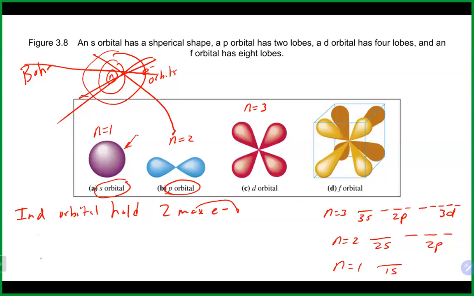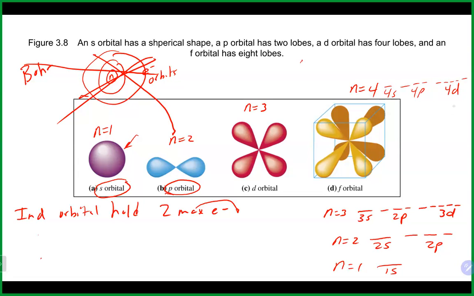And actually for d orbitals, there's actually 5 different d orbitals. And when we get to the fourth energy level, that is where we first start to see the f orbitals, which look like that in the box. I'll come up here. On the fourth energy level, we still have the s, we still have the p, we still have the d.